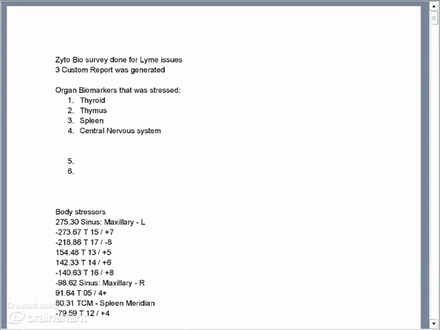When we did the Zyto survey, I did the first scan, which was a baseline scan, which involved the comprehensive workup. The organ that was stressed, the first one, was the thyroid. Looking at the report, the patient's baseline differential ratio tested in the range of 10.16.